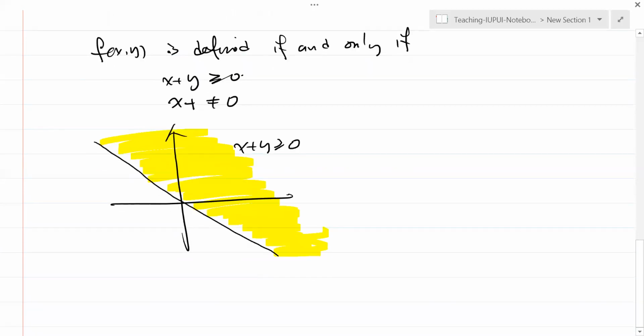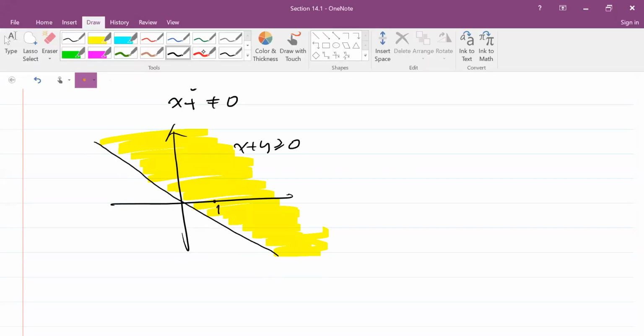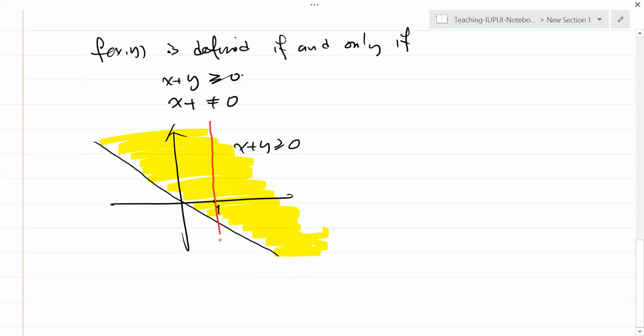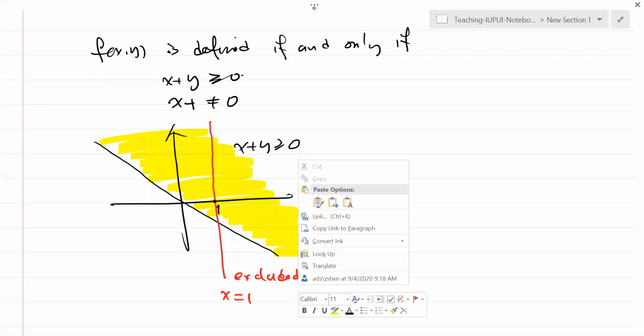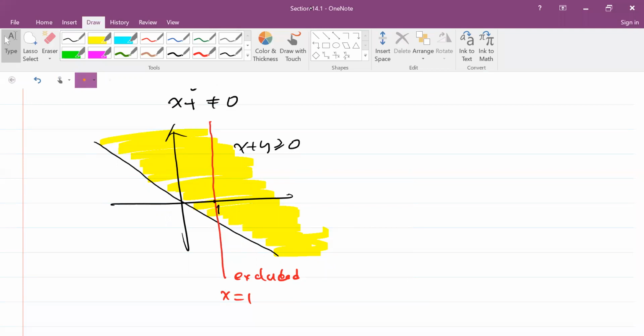Now, x is not equal to 1. x equals 1 is this vertical line, right? That's x equals 1, and this line should be excluded. So that means you're going to have two regions in this case, separate: one region is on the left side of this line, the other region is on the right-hand side of this line.